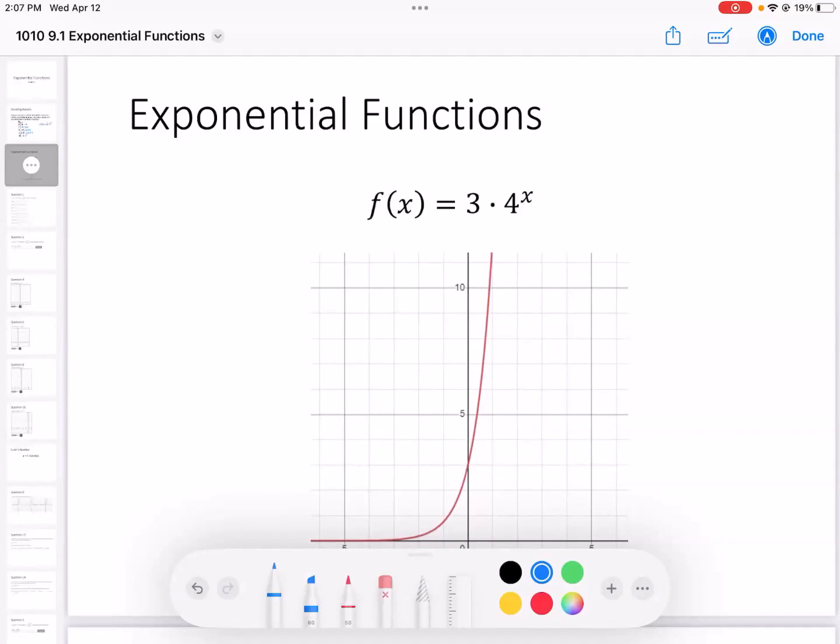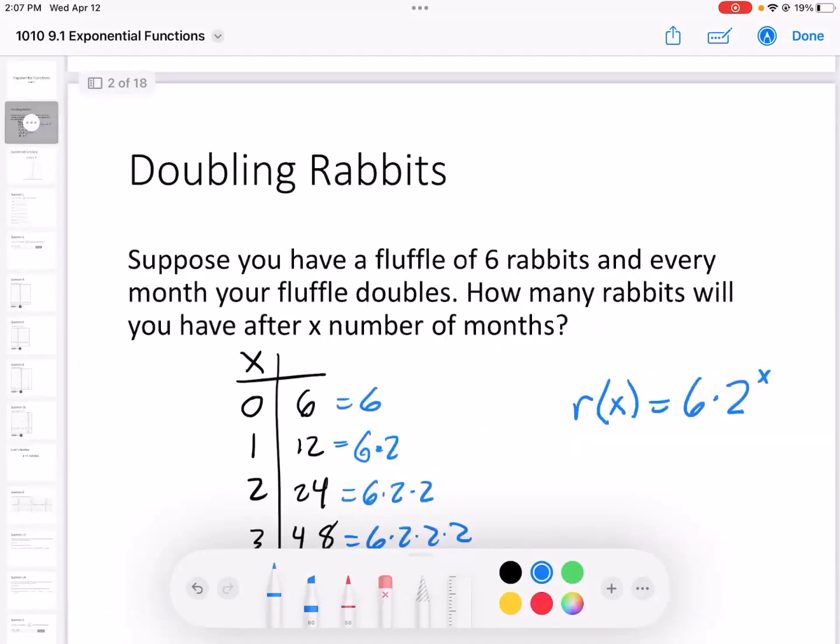But if we go back to our rabbit example, when an exponential function is multiplied by something, this is going to be your initial amount. Like in our situation with our fluffle of rabbits, we started off with 6 rabbits, and so that's this number. And then this number tells us what we're multiplying by each month.